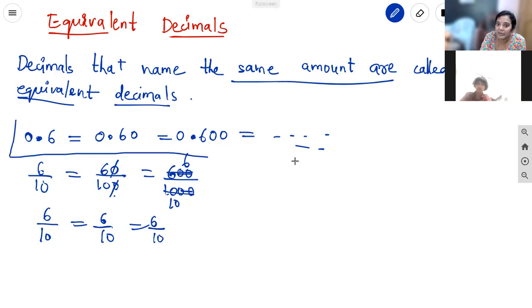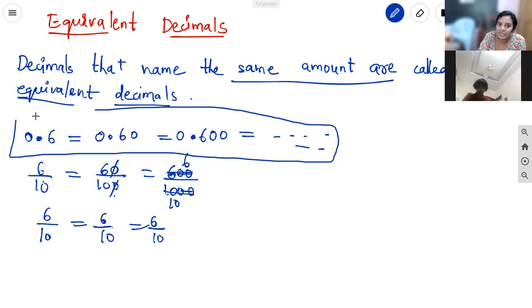These are equivalent decimals. After the point, a non-zero digit is there, and after it we can write some zeros; the simplest form is the single digit, that is 0.6.